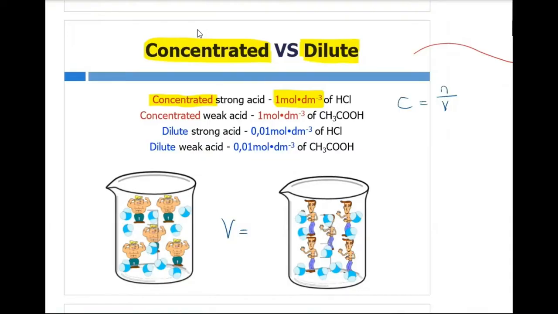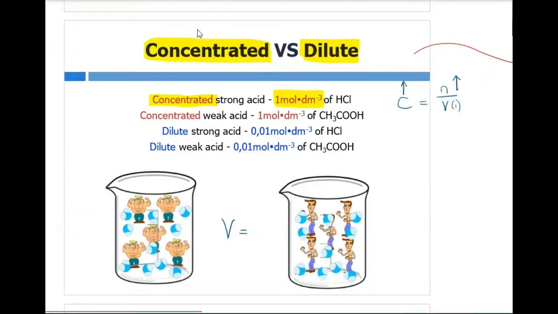If the volume stays constant and I'm adding more of one substance, indirectly you're adding more mole. If the mole increases, it means that the concentration would also increase. Because mole and concentration, if the volume stays the same, are directly proportional, which means if one increases, the other one must increase as well.